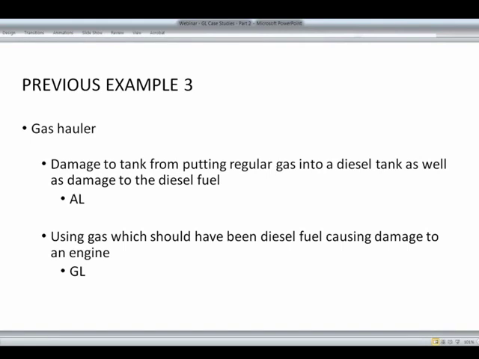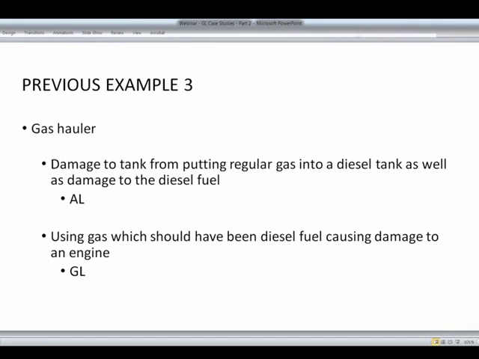So the gasoline's being unloaded by hand. If the gasoline damages the tank or damages the diesel fuel already in the tank, then that is an auto claim. If the fumes coming out are due to the unloading of the gas, then that would also be an auto claim causing the fire.